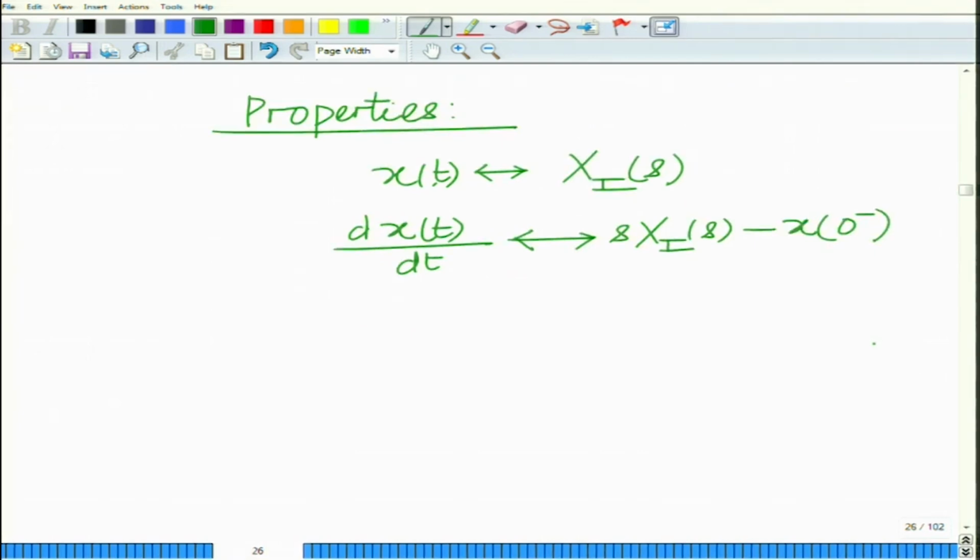Remember previously for the bilateral we simply had the Laplace transform of the derivative of the signal as sX(s), but here we have sX_I(s), where X_I(s) is the unilateral Laplace transform, minus x(0 minus), that is the value of the signal at 0 minus.